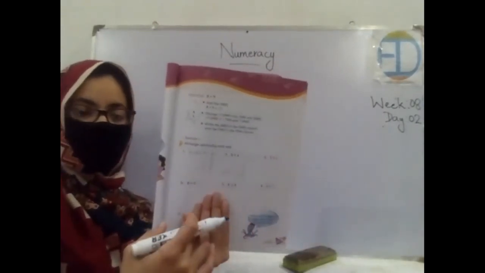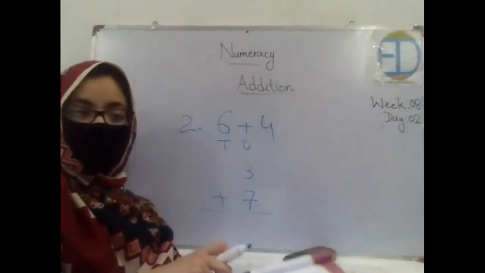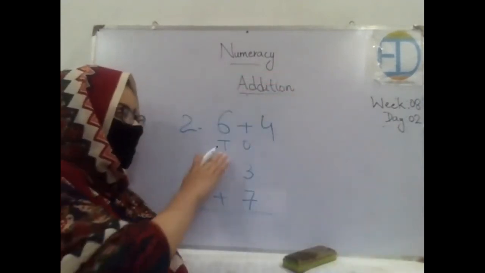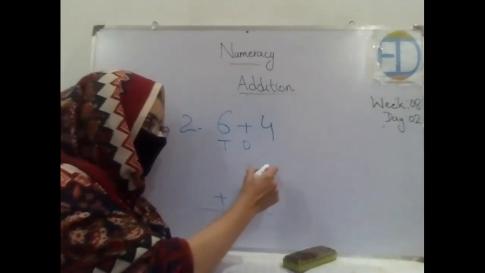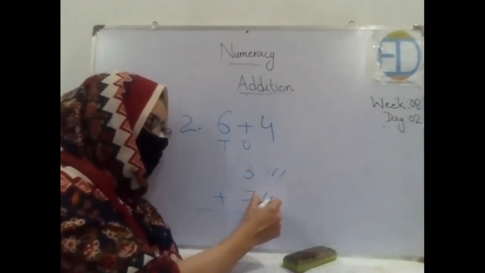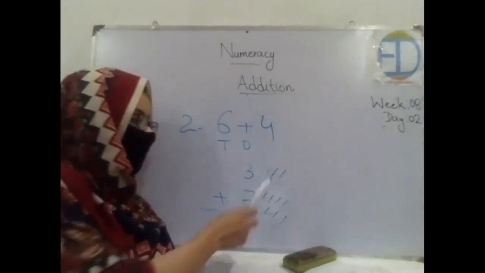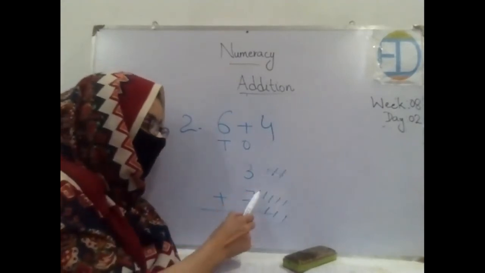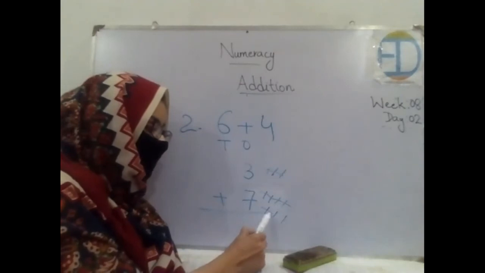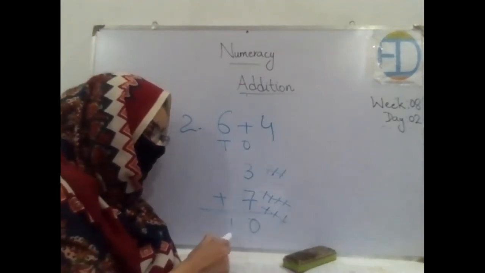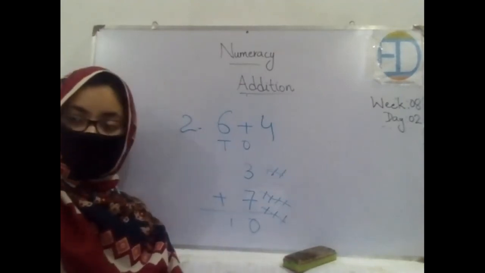You can easily do it over there, okay? On page number 41. The placing values are already written. I'll be just drawing the lines. Now let's start counting them. 1, 2, 3, 4, 5, 6, 7, 8, 9, 10. And the answer is again 10, right?